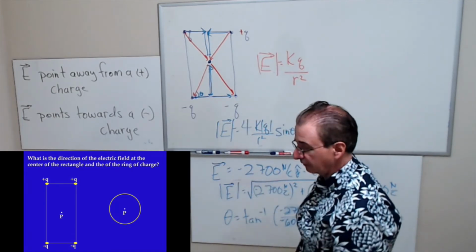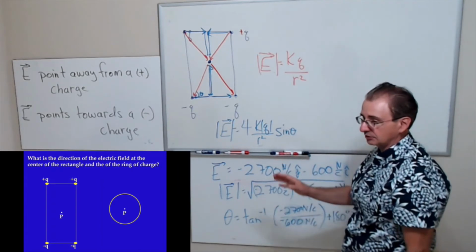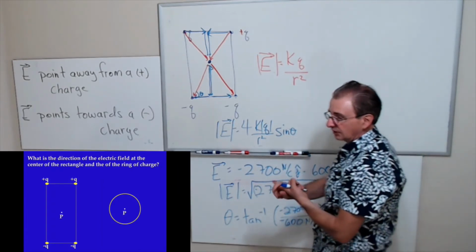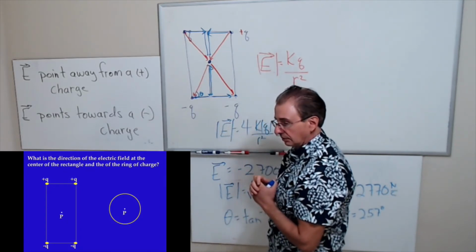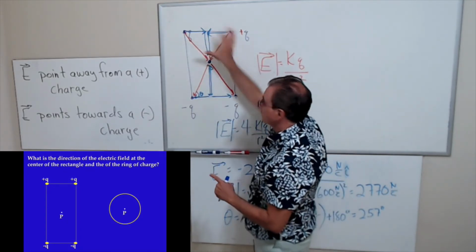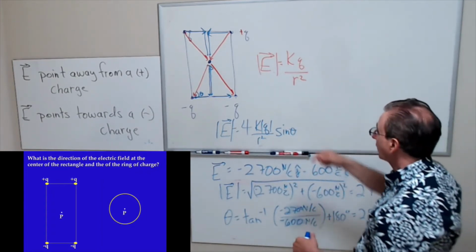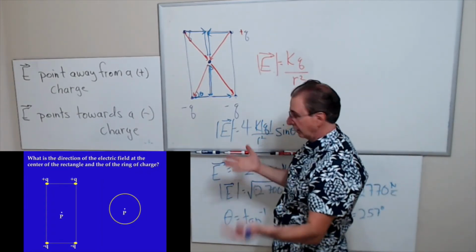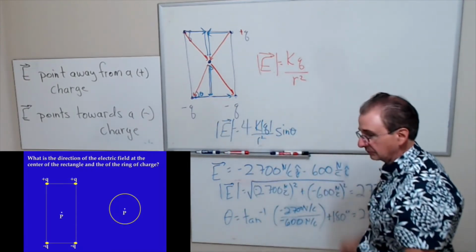The total field is going to be in the negative y direction. What am I doing? I'm taking advantage of symmetry. I see that there's symmetry, and I argue that the x components cancel because the angles are the same, the distances for all of them are the same. And then all the y components point straight down. So my final answer is going to be 4 times the y components due to one of the charges. That's it, I'm done.